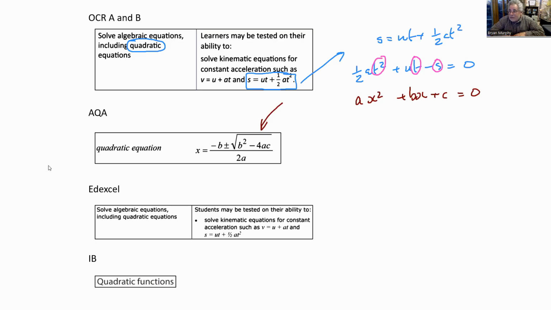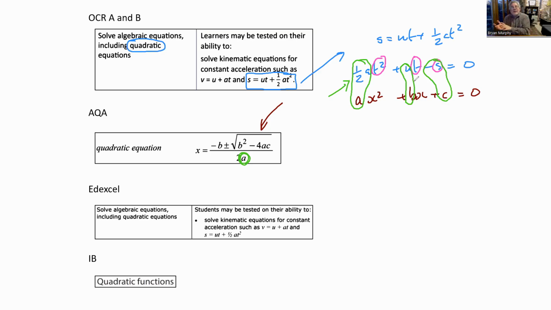Now, this annoys me more than it should: in the standard quadratic equation, the coefficient in front of the x squared, the a, is, for the physics equation, a half the acceleration a. Similarly, b is the initial velocity u, and c is minus s, which is the distance traveled.